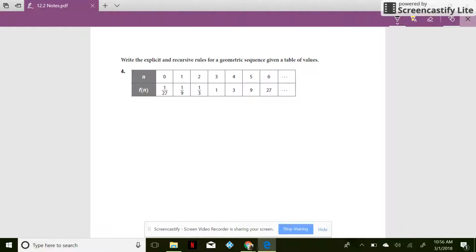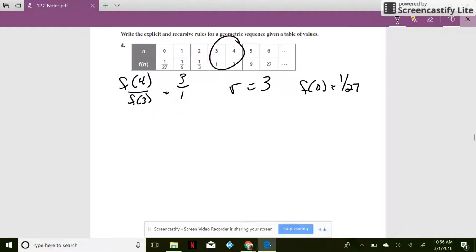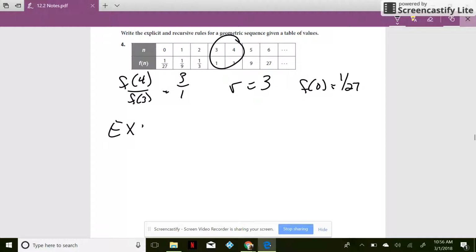All right, so first thing we want to do, we want to find out what's the common ratio. Again, it's easiest to pick some whole values here. So we'd want to take f of 4 over f of 3, which is 3 over 1. So that means our common ratio is 3. Our initial point, f of 0, is equal to 1 over 27. So our explicit rule, f of n is equal to our initial value, 1 over 27, times the ratio, 3 to the n.